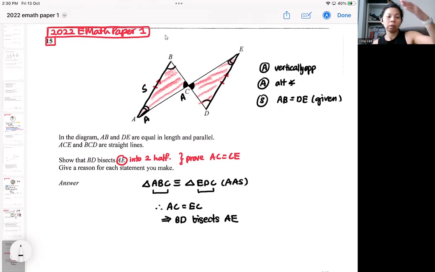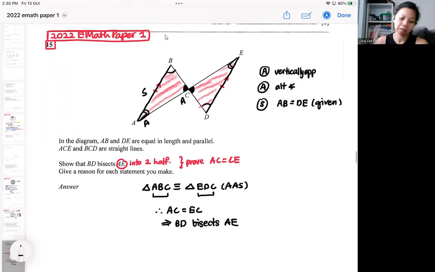So you got to lead. One thing leads to another. So congruency leads to same length. And that means same length, that means essentially they are cut into half. So it's a bit of indirect phrasing. But otherwise, the whole thing is testing you on the concept of congruency.